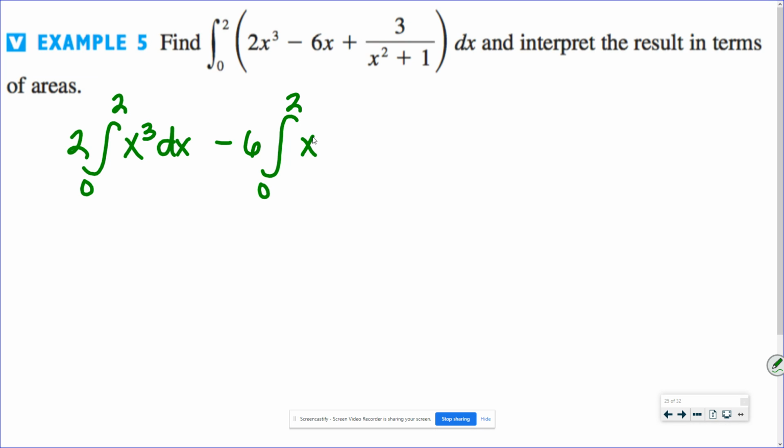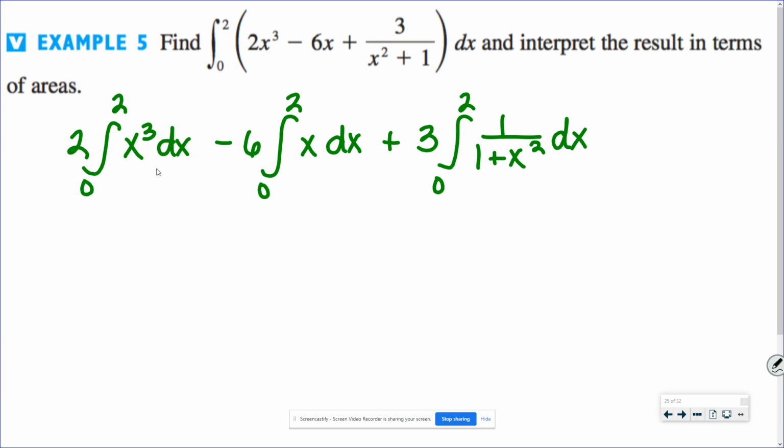So I'm just kind of moving the coefficient values out, including the 3 on this last integral. Actually, on this fraction here at the end, I'm going to flip this around, because if I do that, I think you're going to recognize the antiderivative for that one.